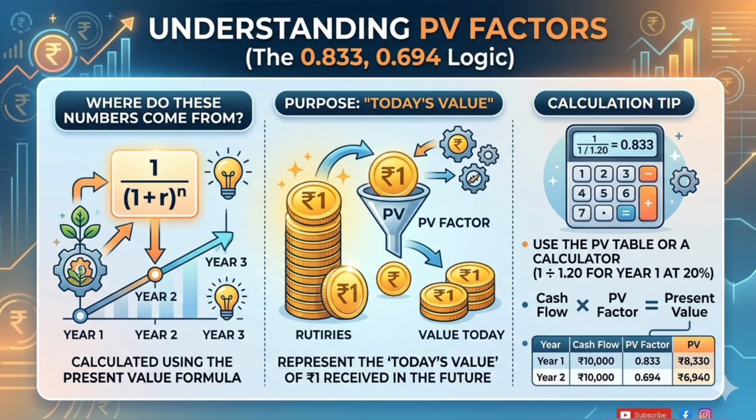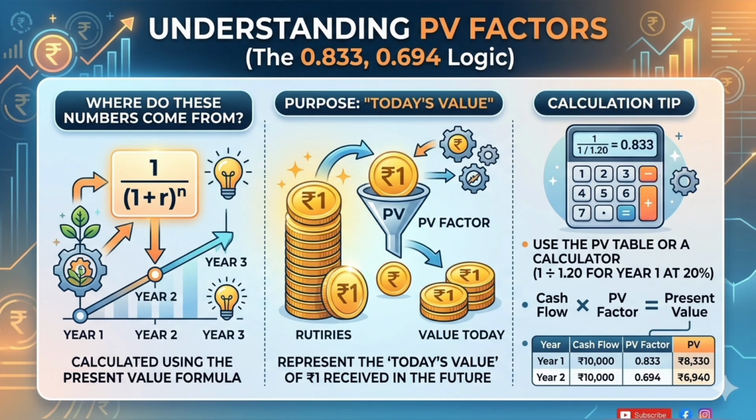Like that, it will go. So if we want the PV factor at 20% discount, then the PV factor will be 1 by (1 plus 0.20) all raised to 1. That is 0.833. That is the PV factor for the first year at 20%.